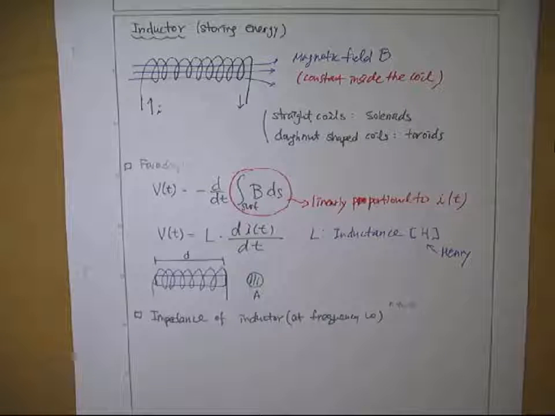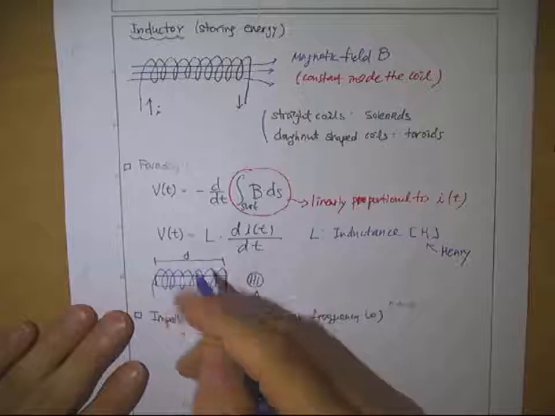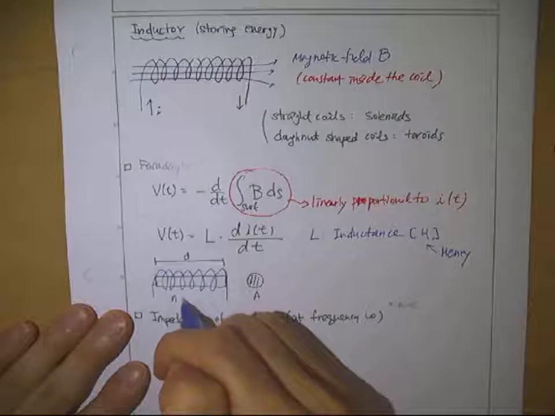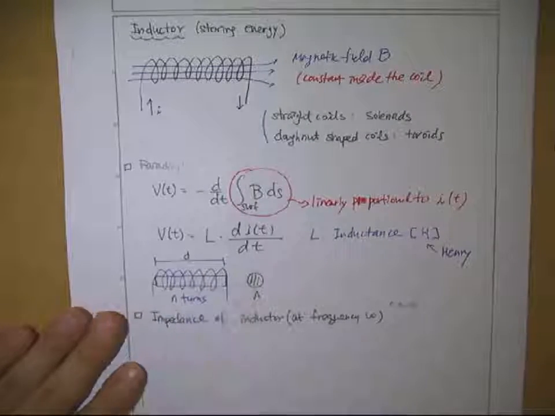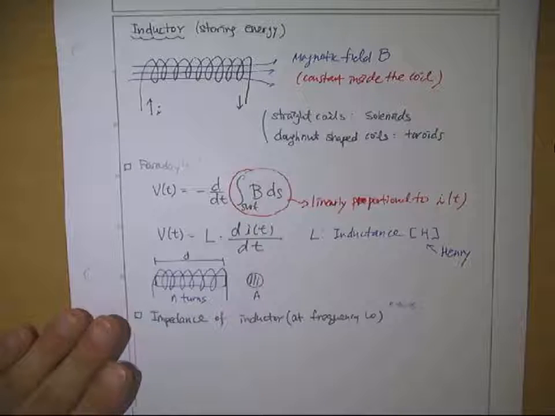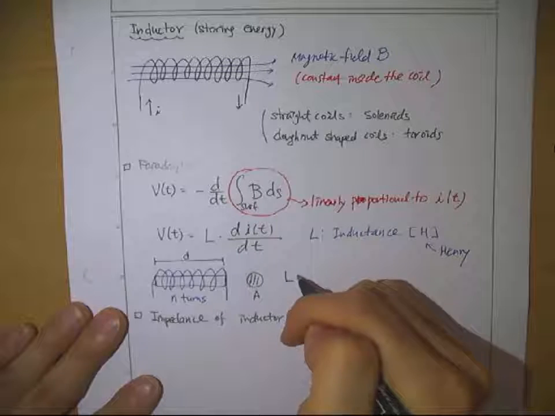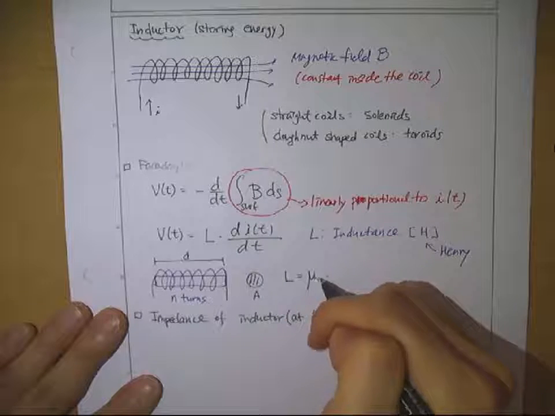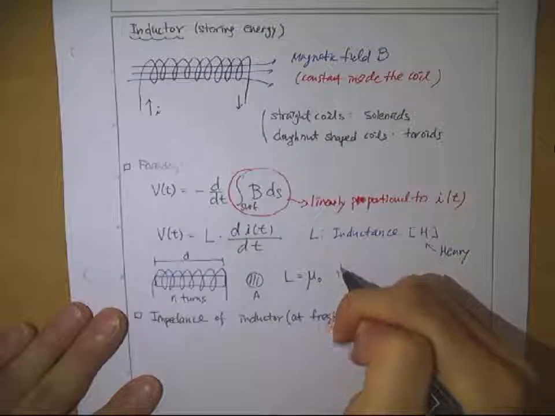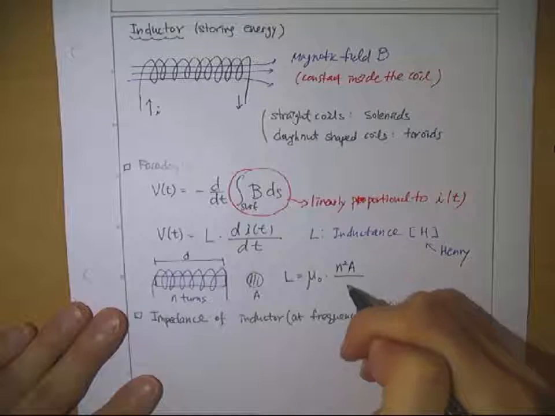The number of turns in the solenoid is n, so n turns of coil. Then the inductance is mu naught, mu real, n square A d.